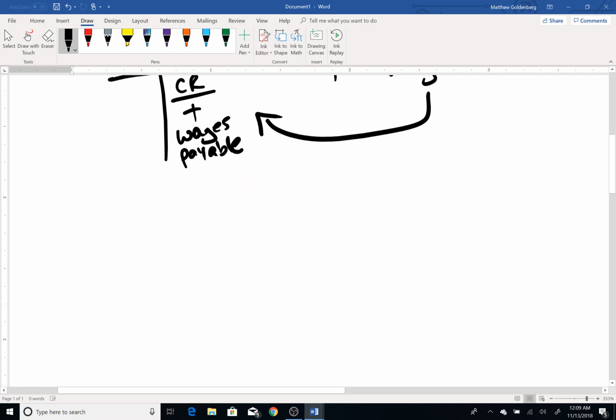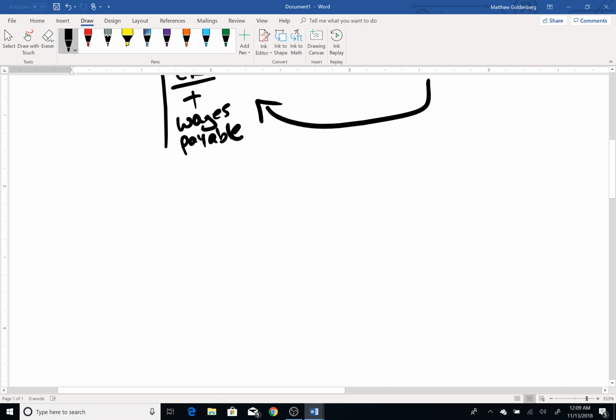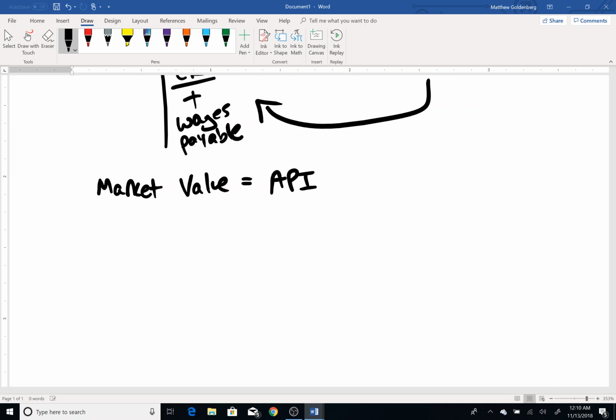Let's do the other equations. We have market value is equal to APIC plus common stock divided by par value.